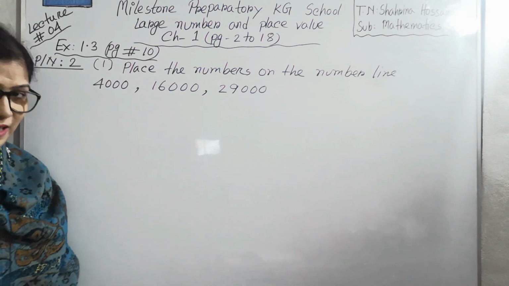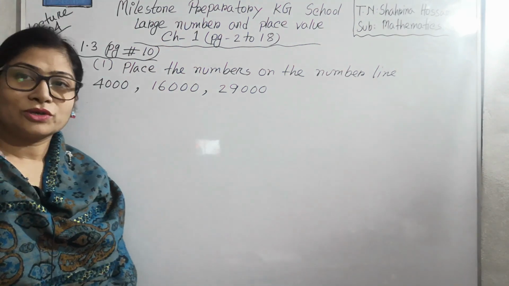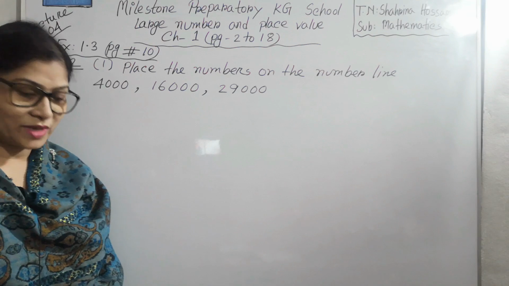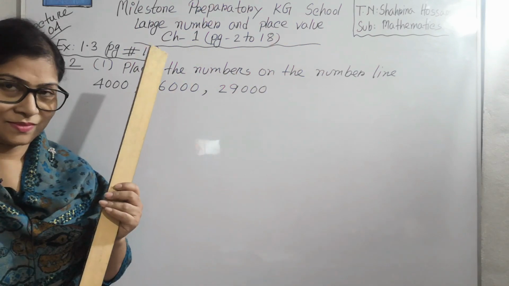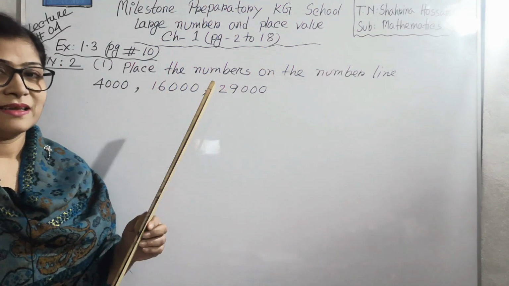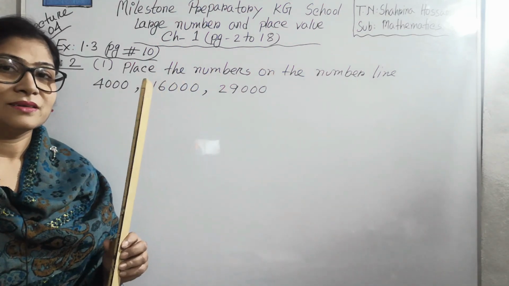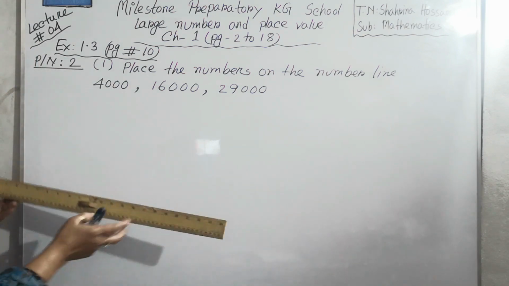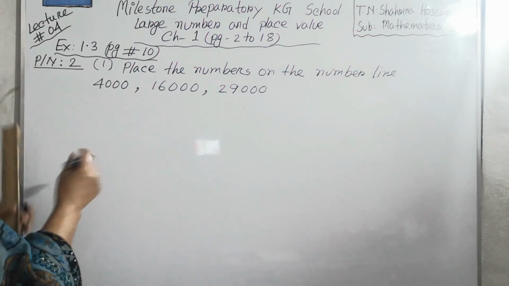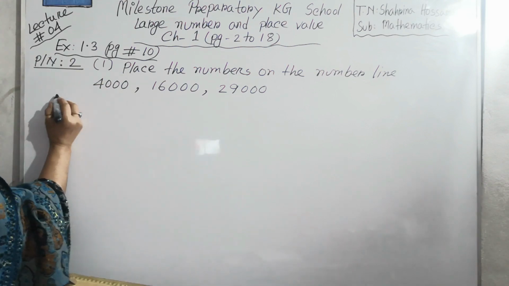For the number line, at first I will draw a straight line. For that we need a scale. Take your scale. In your copy, at first draw a straight line. Solution.